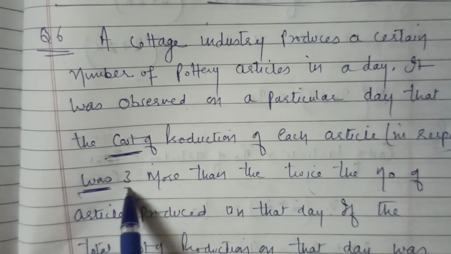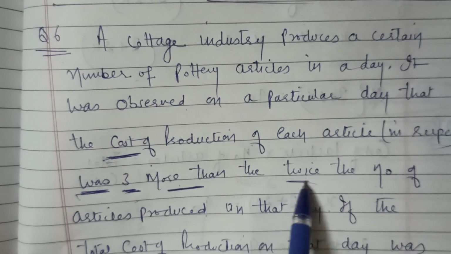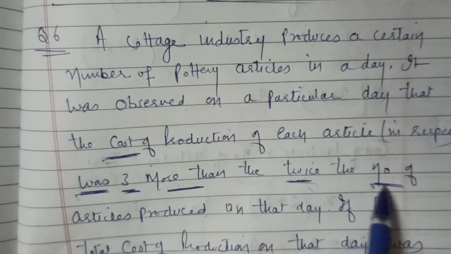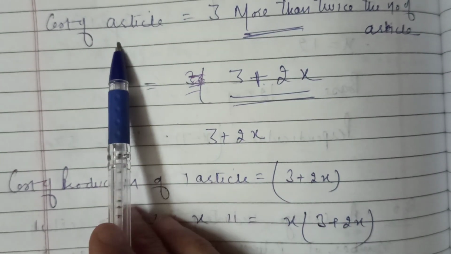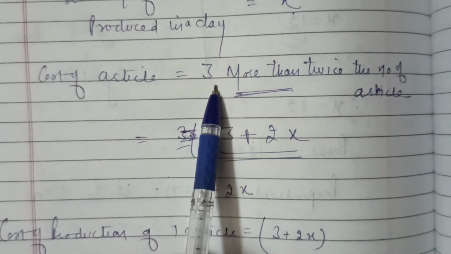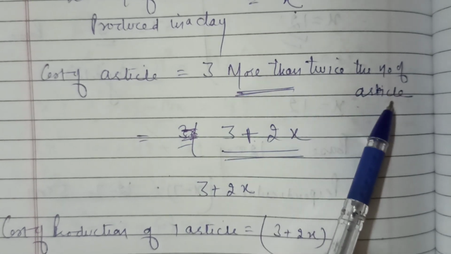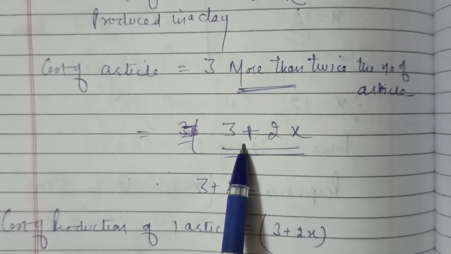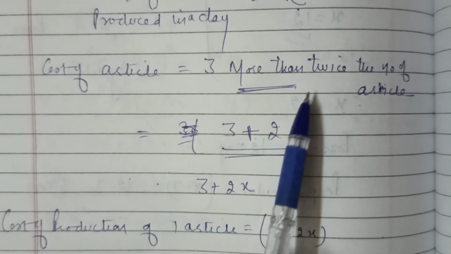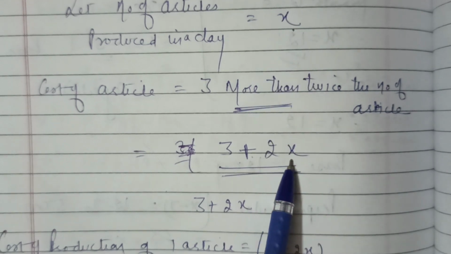So cost was equal to 3 more than twice number of articles. 3 more than means plus, twice means 2, number of articles x.